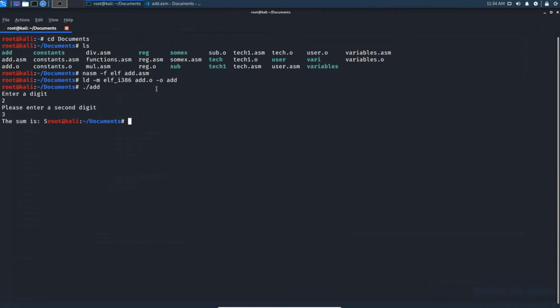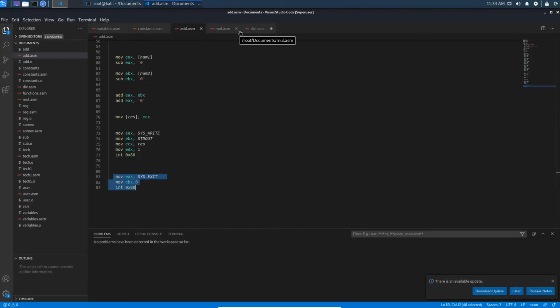So 2 plus 3, the sum is 5. That's the program. For subtraction we need to do a small change: sub EBX, EAX comma EBX. The result goes to EAX, and then you move the contents of EAX to result, and the remaining process is the same.